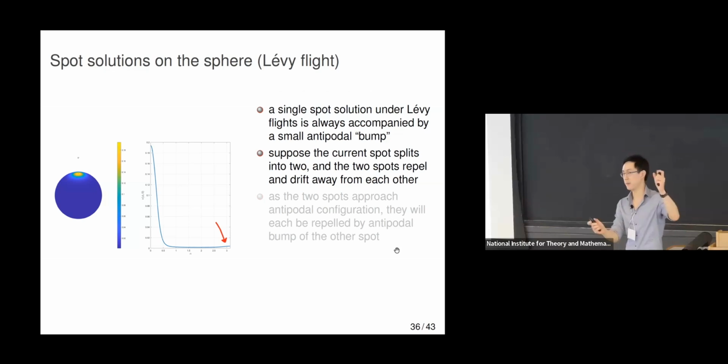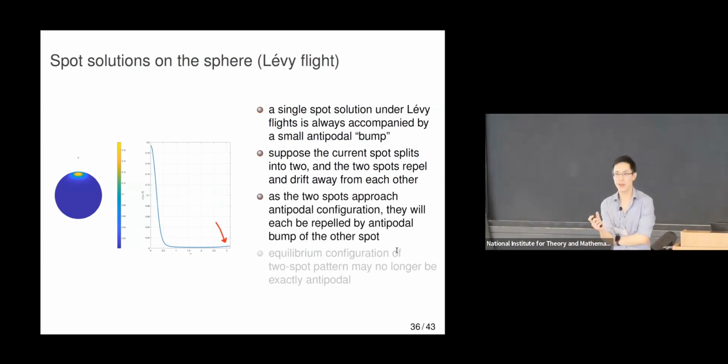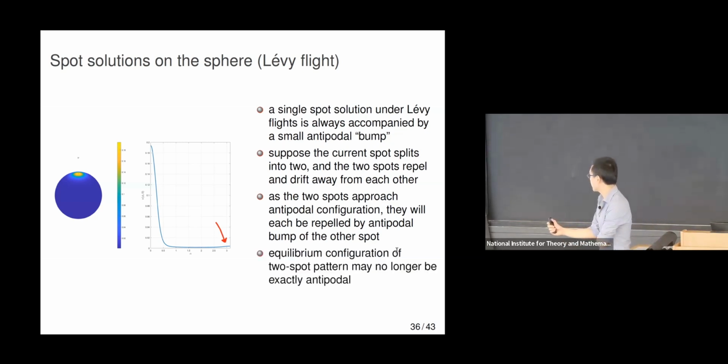They drift away from each other, and as the 2 spots approach the antipodal configuration, the other spot will kind of be repelled by the antipodal bump from the other spot. And I suspect what's going to happen then is that the equilibrium configuration may not be antipodal anymore. It'll just be a little bit off because of the repulsion from the antipodal bump.